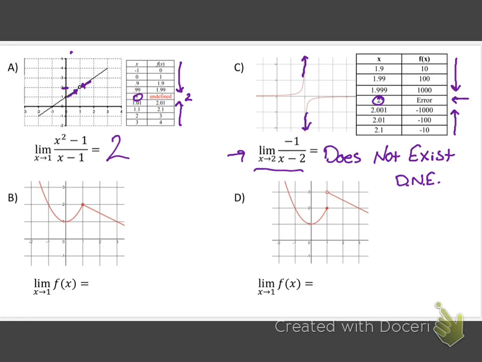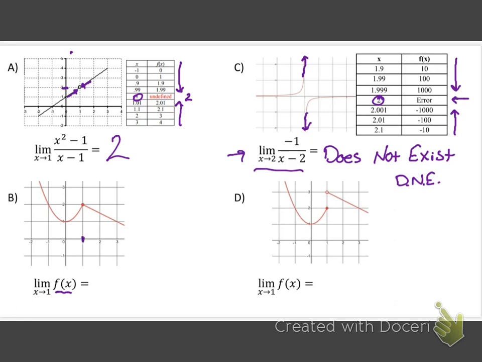We'll jump to example B now. Now here, all we have is a graph. This looks like a piecewise function, and we're saying, what is the limit as x goes to 1 of this function we're calling f of x? So we can see as x equals 1, that's this x value right there.